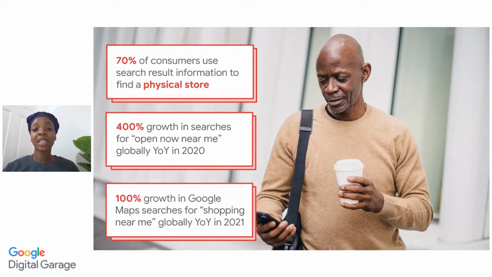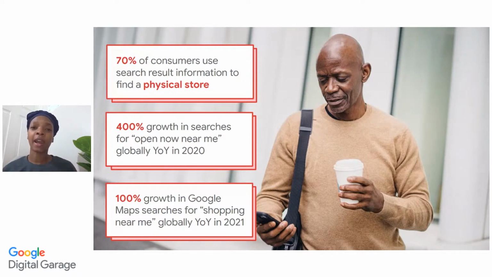Now, searches like these, the near me searches, generally tend to grow year on year. Searches for open now near me grew 400% year on year globally in 2020. And that's really interesting because we were in lockdown, then out of lockdown, that kind of thing.